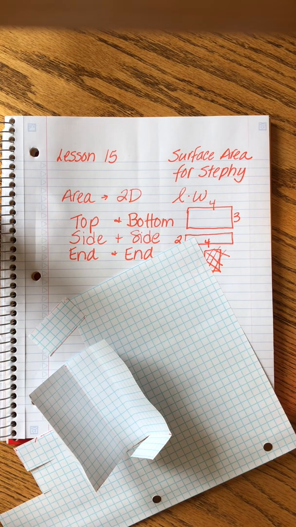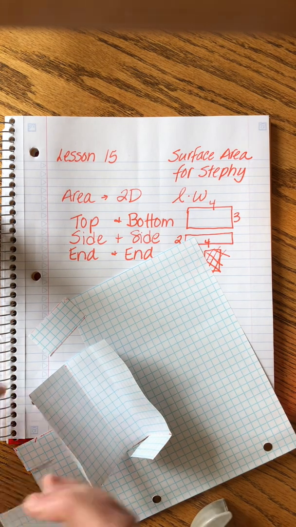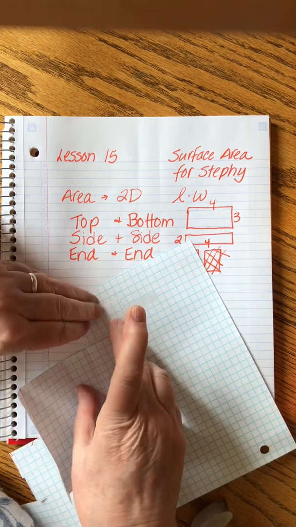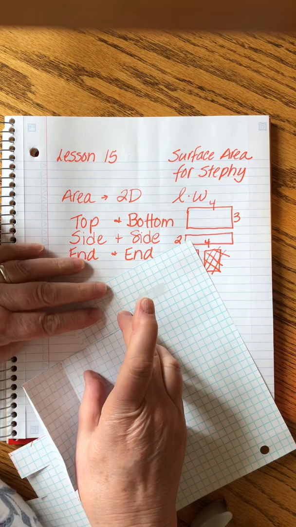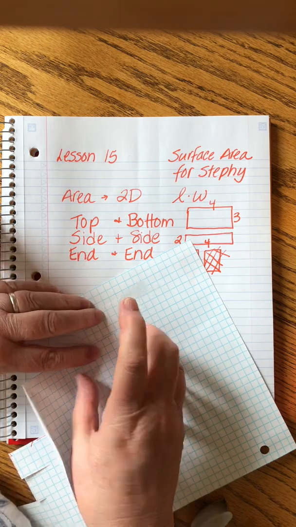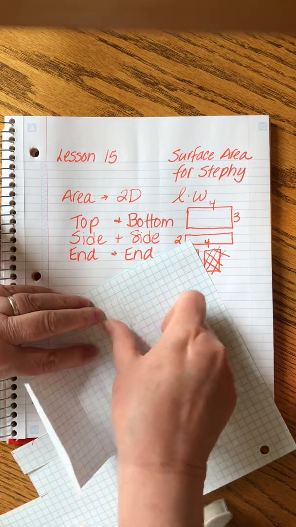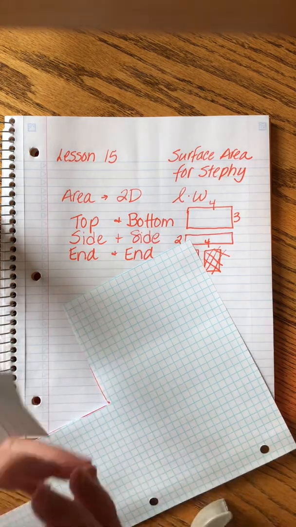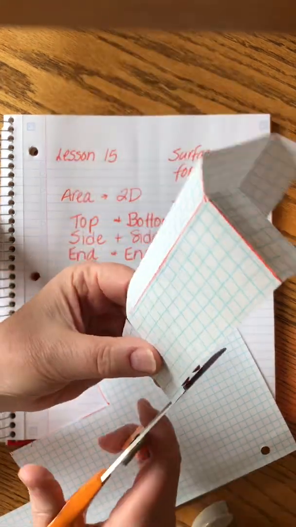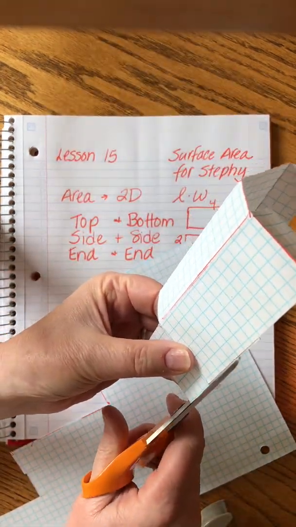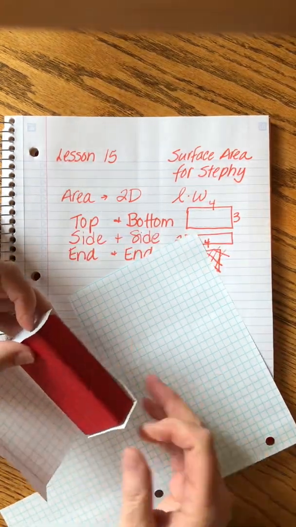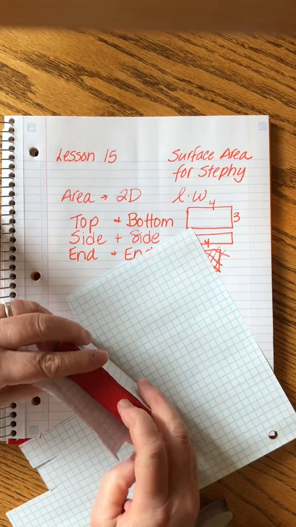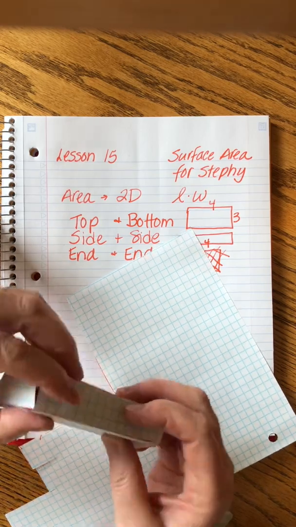Okay, so what I've done is I have engineered for us, a second, I'm just taping this last little bit together. This is an approximation of our rectangular prism, if you want to be fancy, right?